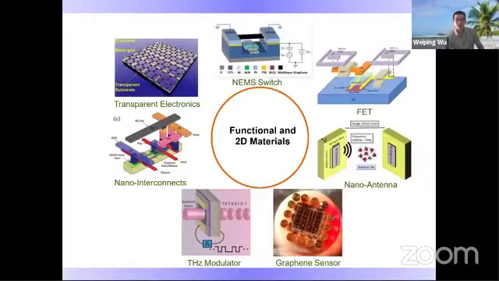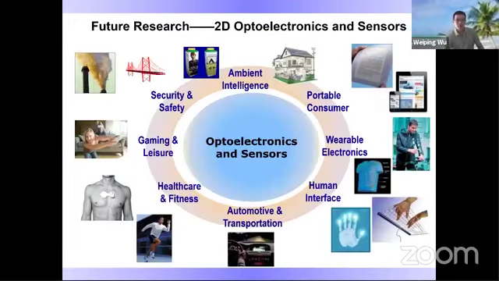This slide shows some examples of various new applications of functional materials and 2D materials for electronic devices, ranging from electrodes, MEMS, FETs, and nano antennas to sensors.